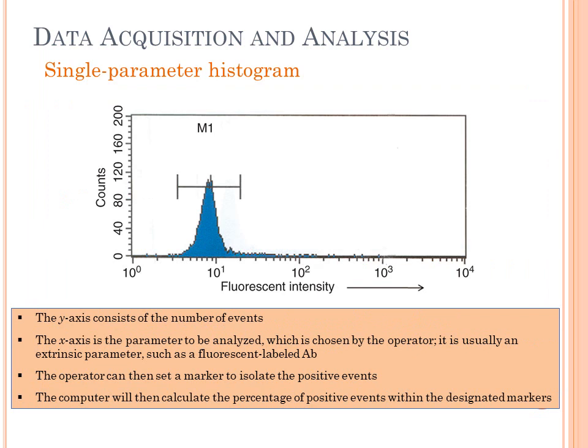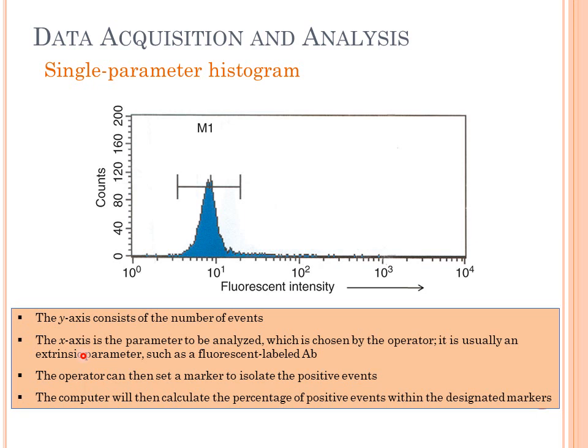Once that data has been collected and sent to the computer, we can start manipulating it. So what you're looking at here is a single parameter histogram. The term histogram literally translates a record of cells, single parameter, meaning that we're just looking at one property of those cells. So the y-axis is the number of events. As we go up the y-axis, the numbers get bigger, indicating that more and more of those were recorded.